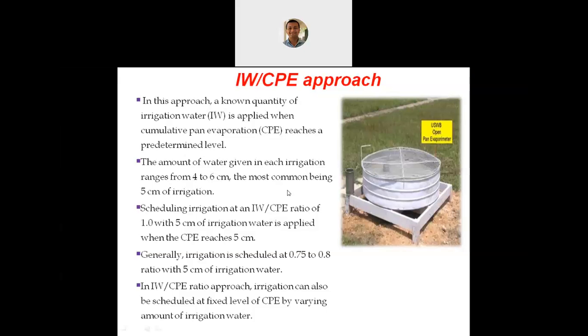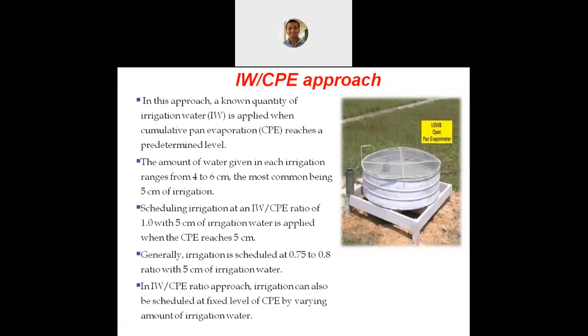That means suppose we have decided to apply 5 centimeter of irrigation whenever we irrigate a crop, and now the IW/CPE ratio we have determined to be 1. That means whenever the IW/CPE ratio is 1, we will apply irrigation. So 5 by CPE is equal to 1, which gives that when the cumulative pan evaporation is equal to 5 centimeter or 50 millimeter, then we will apply irrigation.